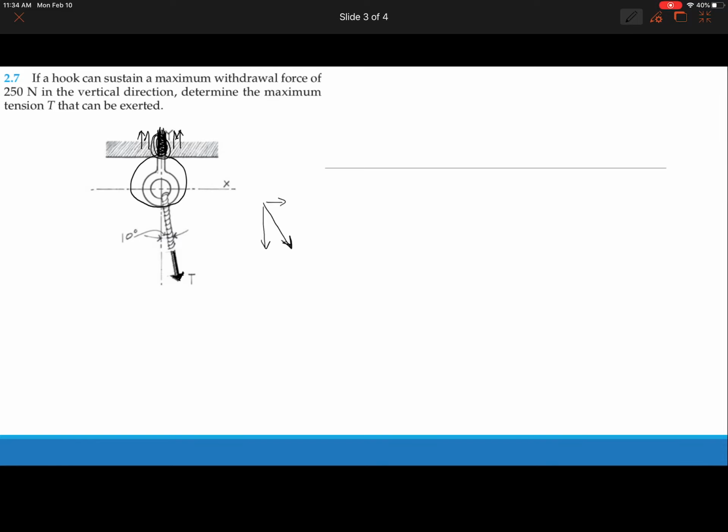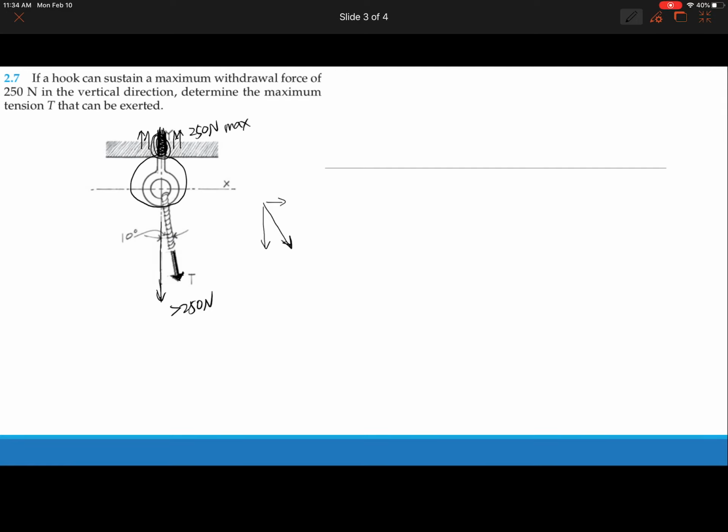That resistant force can resist whatever force on this hook going down. And the problem tells you the maximum force it can afford is 250 in the vertical direction, which means this resistant force maximum is 250 Newton.